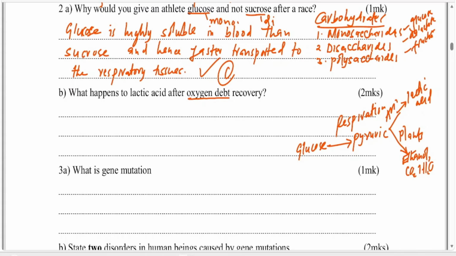What happens to that particular lactic acid? So we have the lactic acid being broken down or being oxidized into carbon dioxide and water. The lactic acid can be broken down into carbon dioxide, water, and energy within those particular muscles or those tissues.